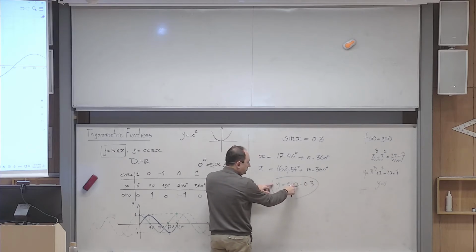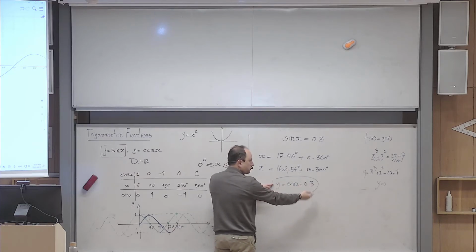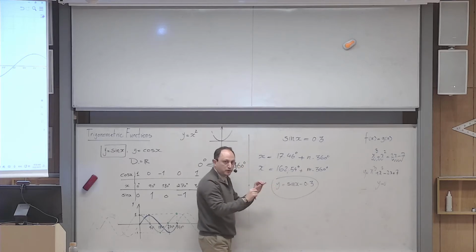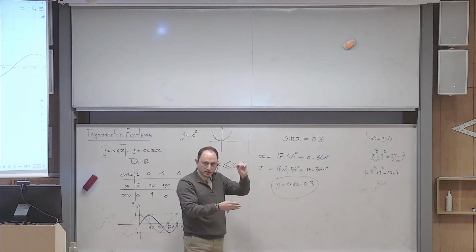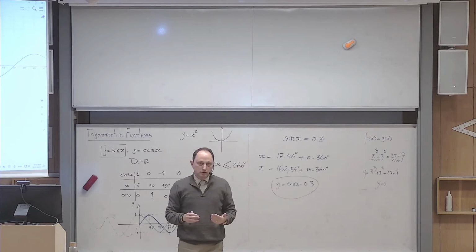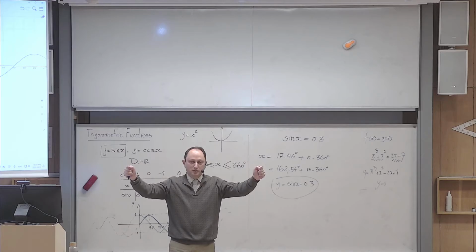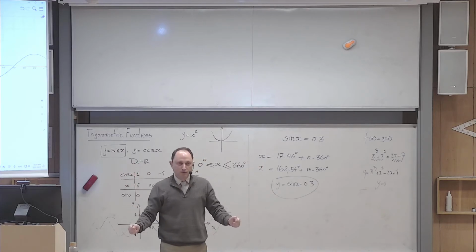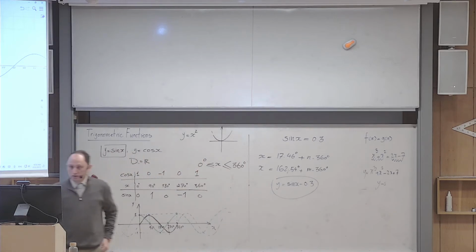Whatever I put for x and calculate sine, in order to calculate y, I have to subtract 0.3 from it. So every y coordinate will go down by 0.3 units. So the effect will be like this, that I am taking this rigid object and shifting it downward by 0.3 units, yes?